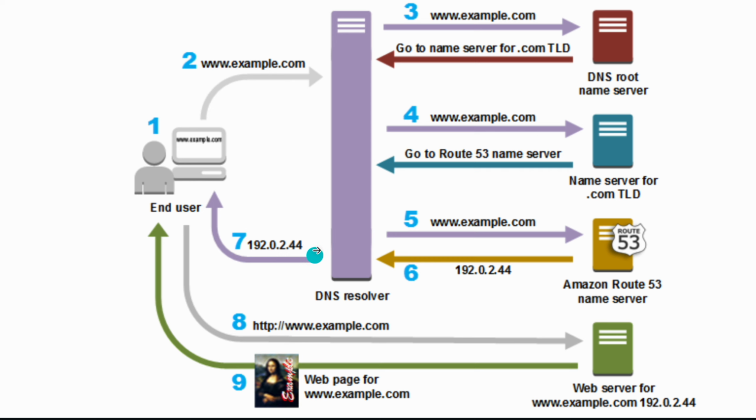So people will be able to see this IP. Then whatever you want to load and see, the web server responds and loads those pictures, images, whatever, in your system. So this is the working of DNS in an AWS server.